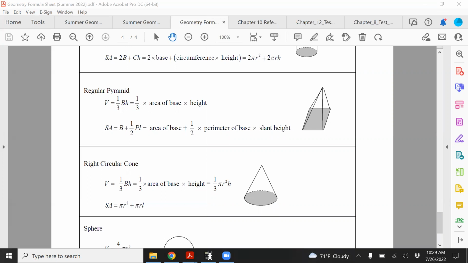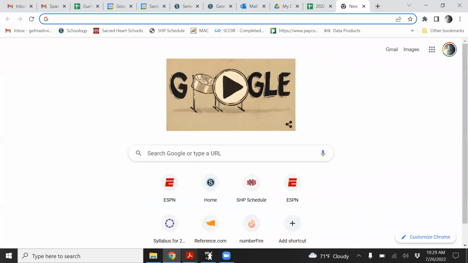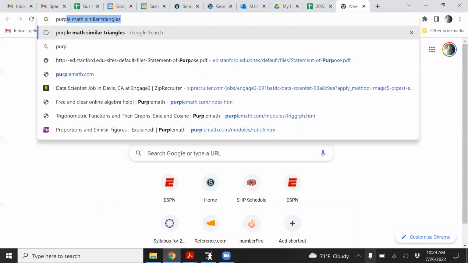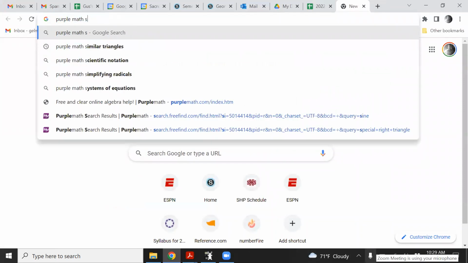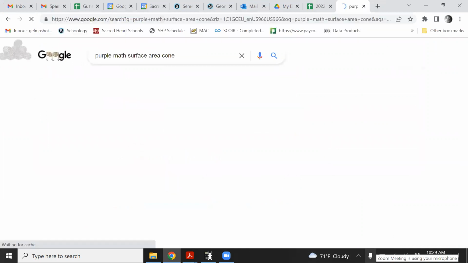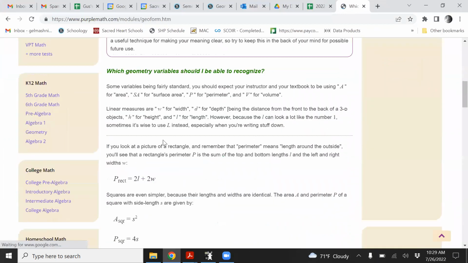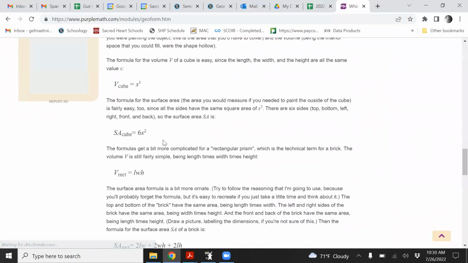And again, if you're ever confused about how that is supposed to work, let's see here. If I go to Purple Math and search surface area cone, I wish they had something worked out.